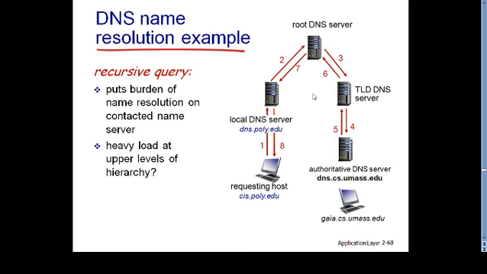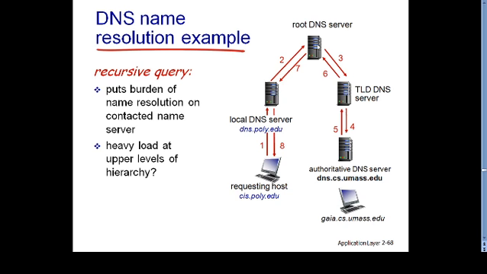The other way of DNS query is the recursive approach. In this recursive approach, you can see the requesting client is sending a request to the local DNS server, and this local DNS server, on behalf of the client, sends a request to the root DNS server, which is nearest to the local DNS server.